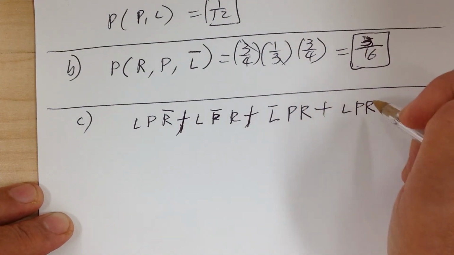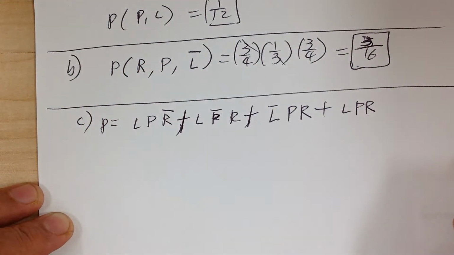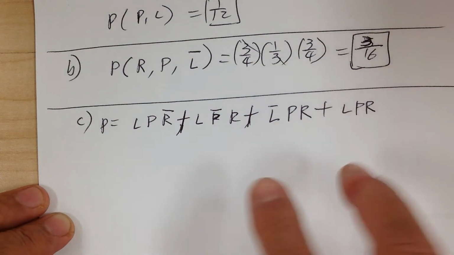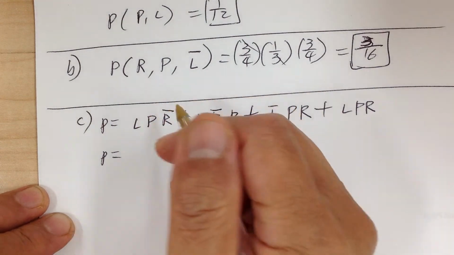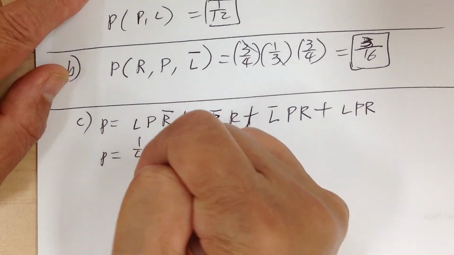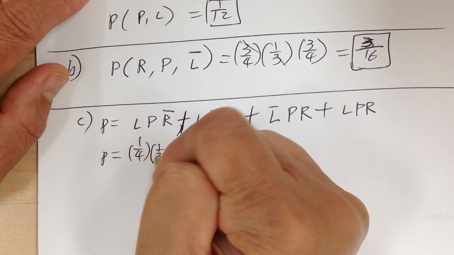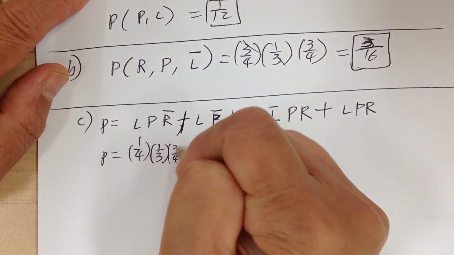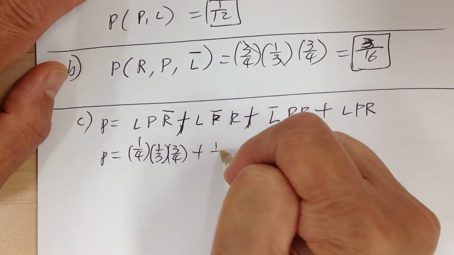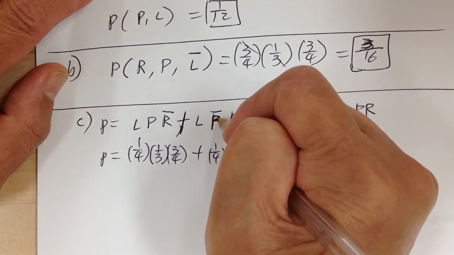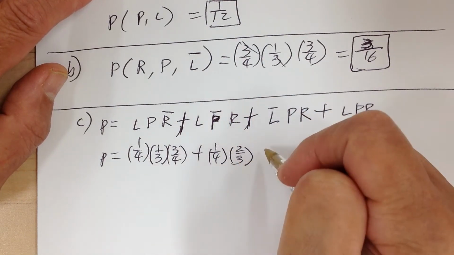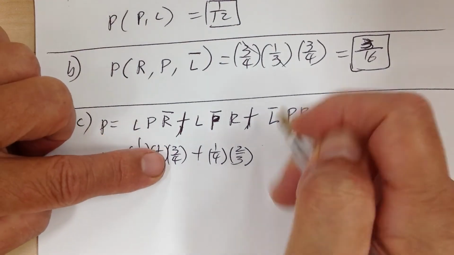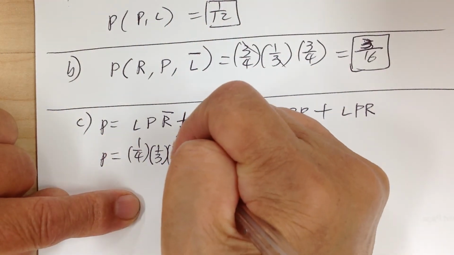Again, at least 2 means you're going to have 2 people and 3 people. And again, you go back, so this would be 1/4, 1/3, 3/4, and you have 1/4. P complement would be 2/3, where R complement is 1/4.